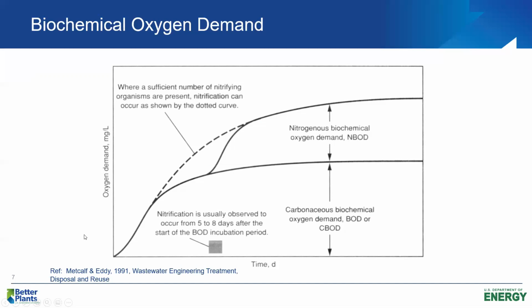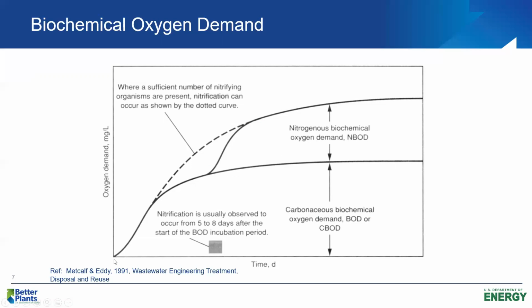But if we don't inhibit nitrification, then we'll probably measure the BOD of raw sewage over time. Again, this is 0 days. Right in here is about 5 days. And then out here is probably 30 to 40 days. So the ultimate carbonaceous BOD will occur out at about 30 to 40 days in time. And again, that's a more important number for us in terms of determining our oxygen requirements.